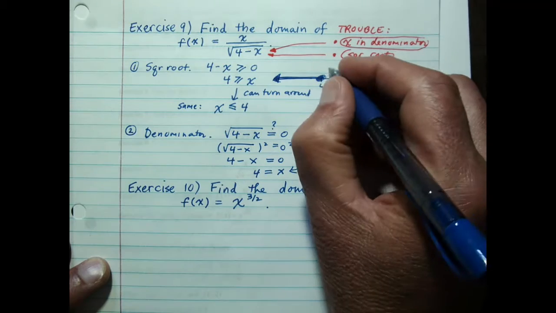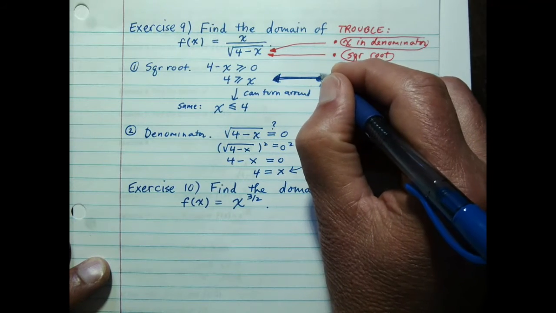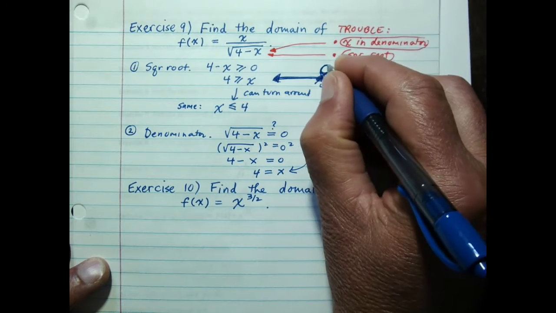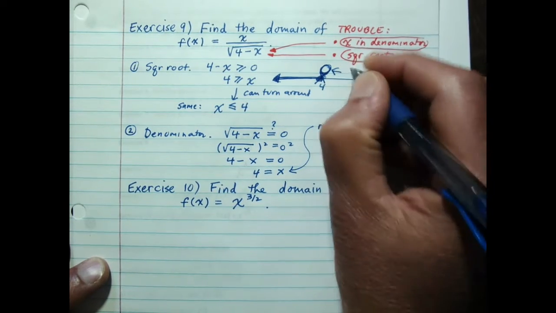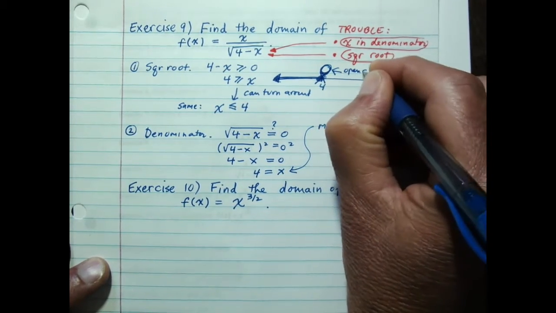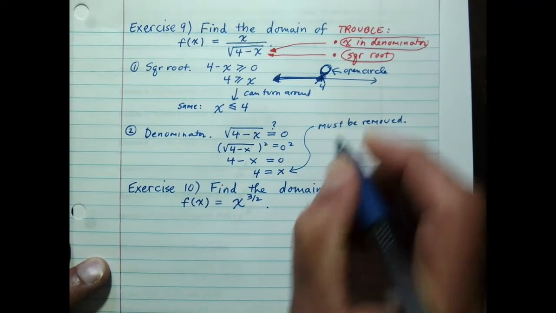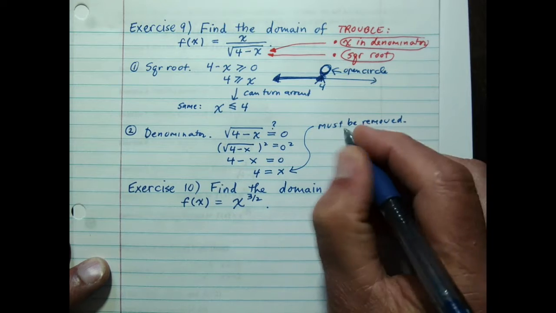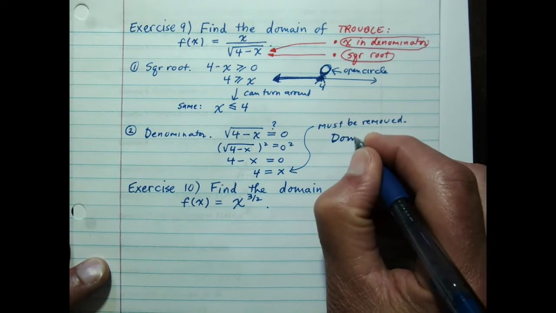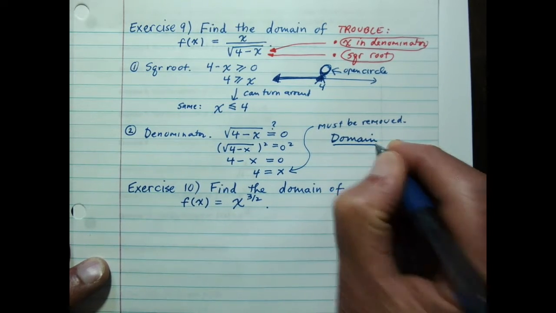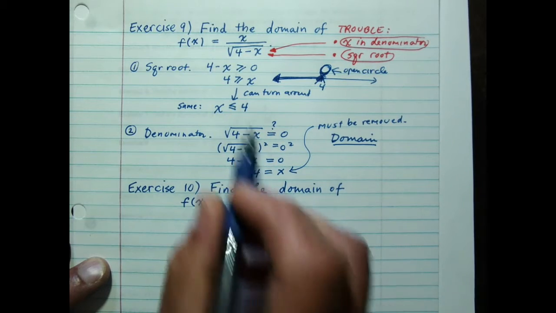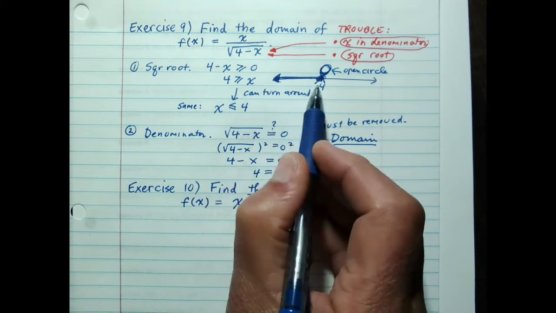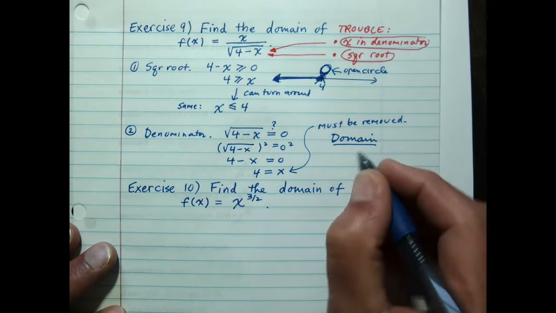Here we have to actually remove the closed circle. We have to put in an open circle at 4 because of the denominator issue. And so the final domain answer for this problem is going to be all real numbers less than 4, with 4 not included.